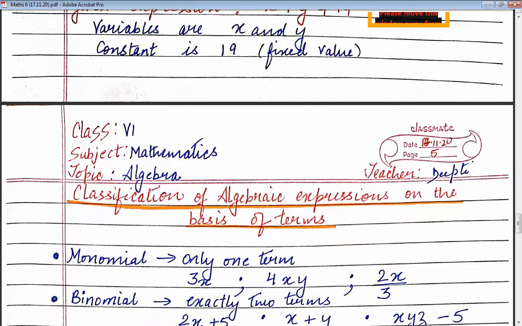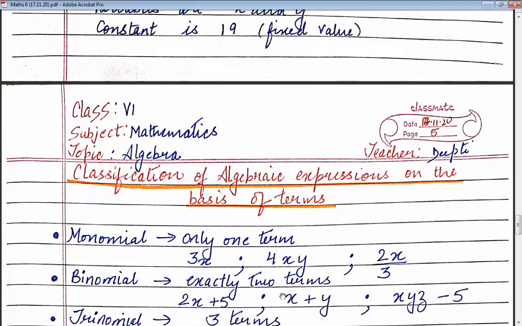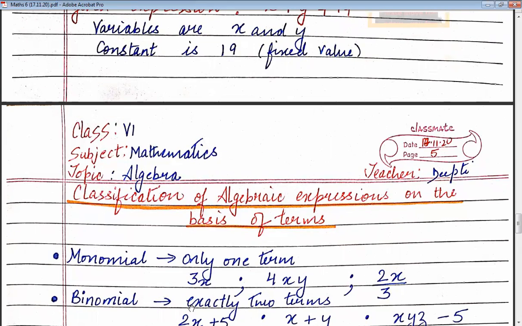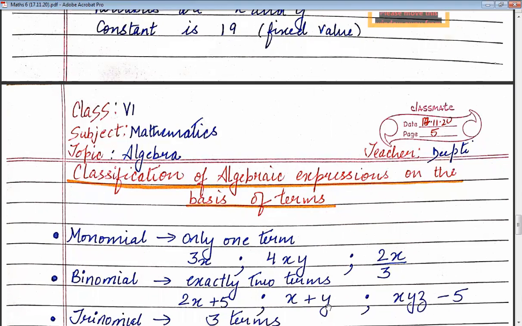And if there are only two terms, they are called binomial. What are they called? Binomial. Let's have a look. It is 2x plus 5. Next, x plus y, xyz minus 5.